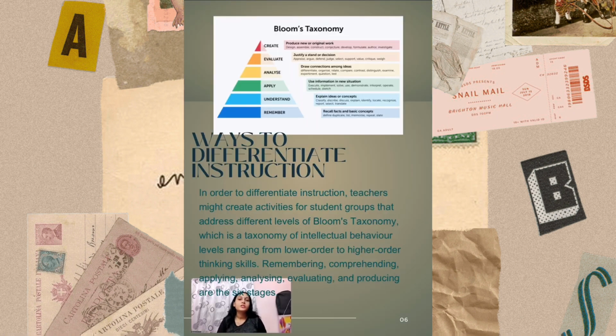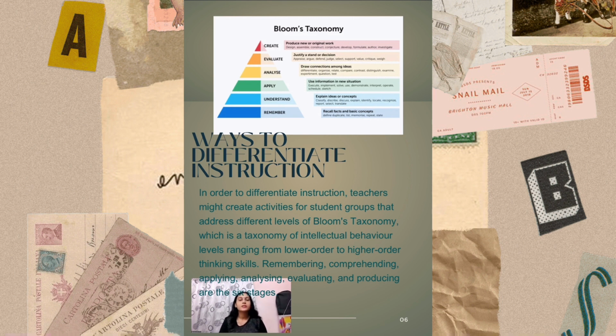In order to differentiate instruction, teachers might create activities for student groups that address different levels of Bloom's taxonomy. Bloom's taxonomy is a taxonomy of intellectual behavior levels ranging from lower order to higher order thinking skills. It was developed to provide a common language for teachers to discuss and exchange learning and assessment methods.